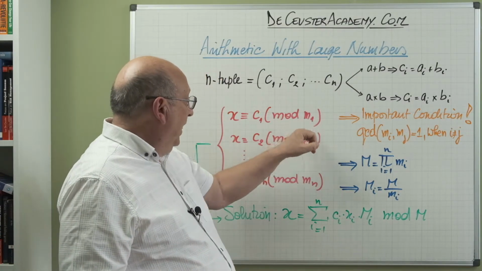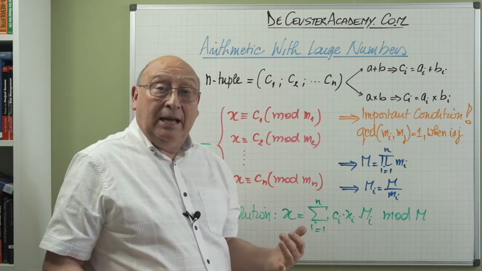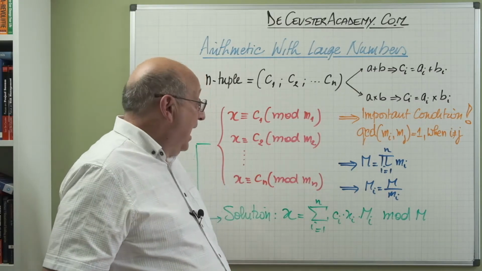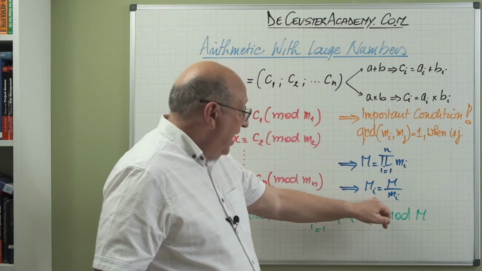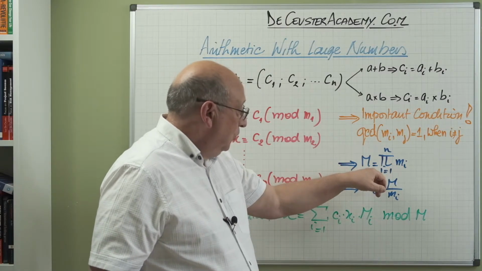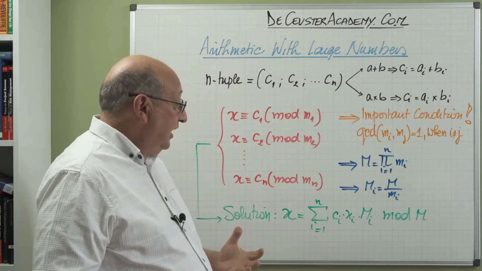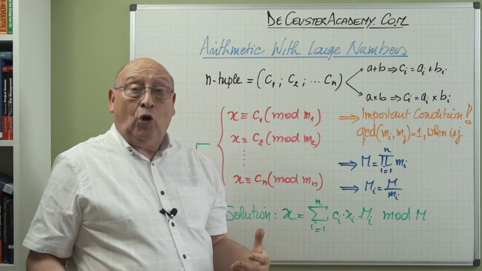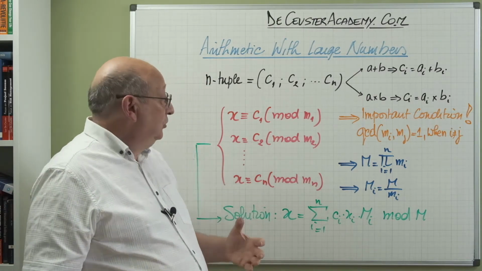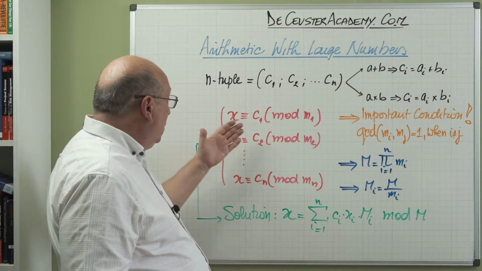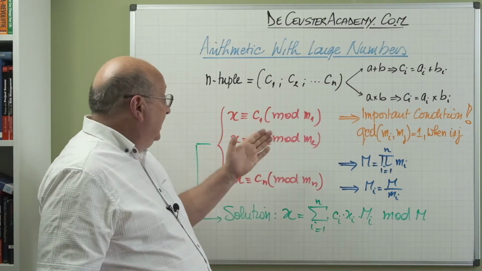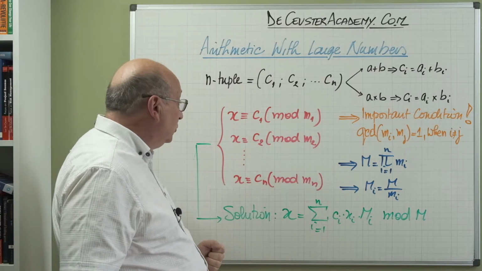So we have m1 times m2 up to times mn, and the index Mi is the modulus M divided by mi. So these are the elements that we need for the resolution of the Chinese remainder theorem to find the value of x that complies with all these conditions.